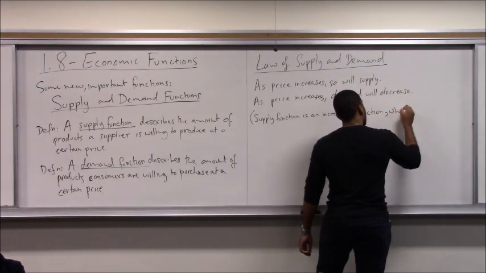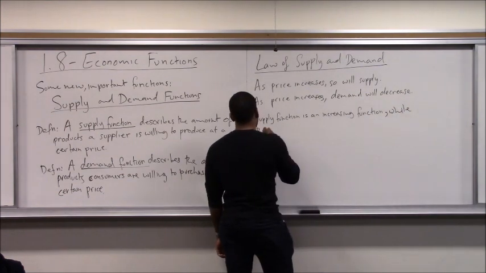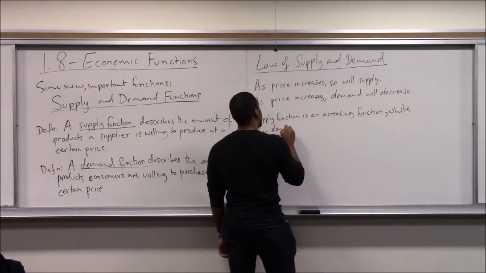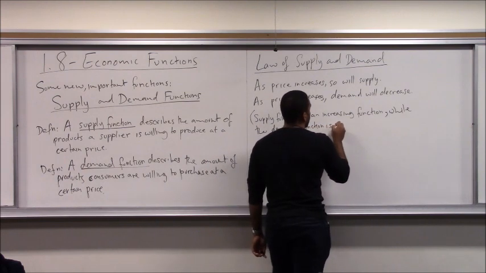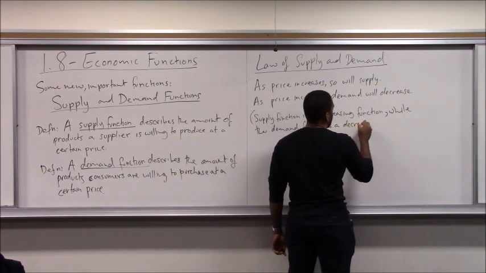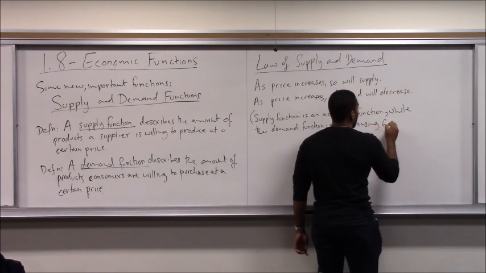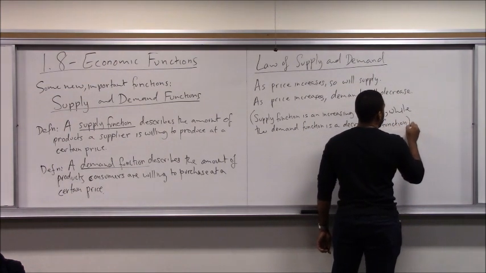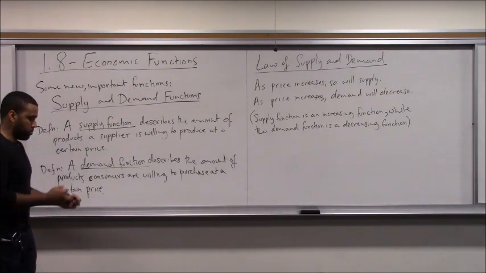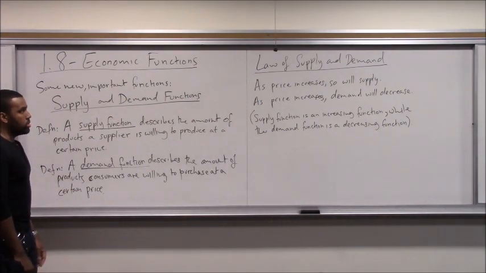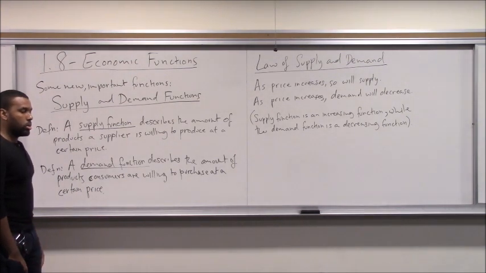While the demand function is a decreasing function. So the higher people push the price, the less people are going to buy. And this is just a general assumption that would be made at a market in total.